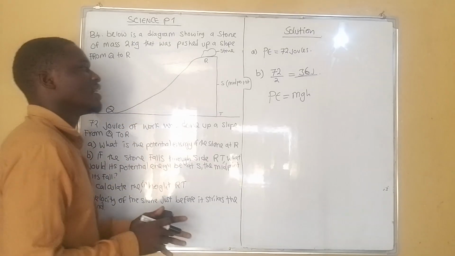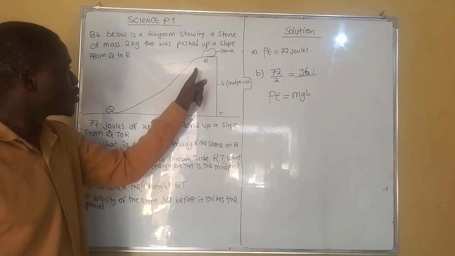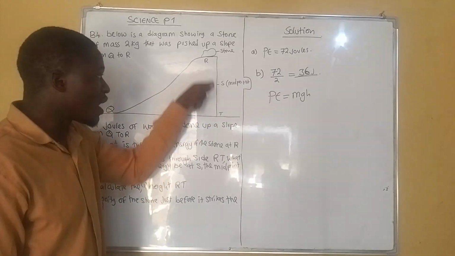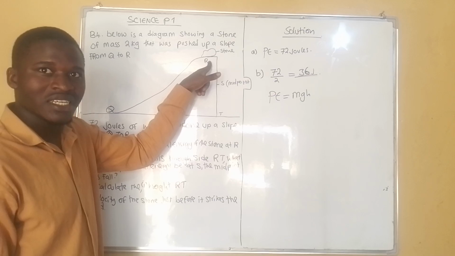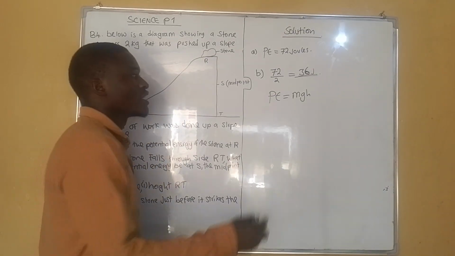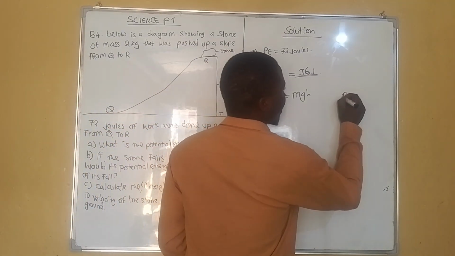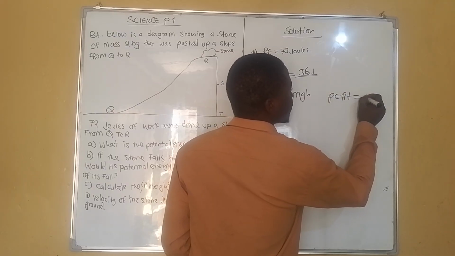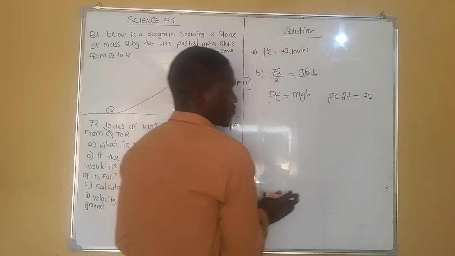Meaning the potential energy that you are going to use is not going to be RS or TS. It's supposed to be from R to T. The potential energy from R to T is 72, isn't it?